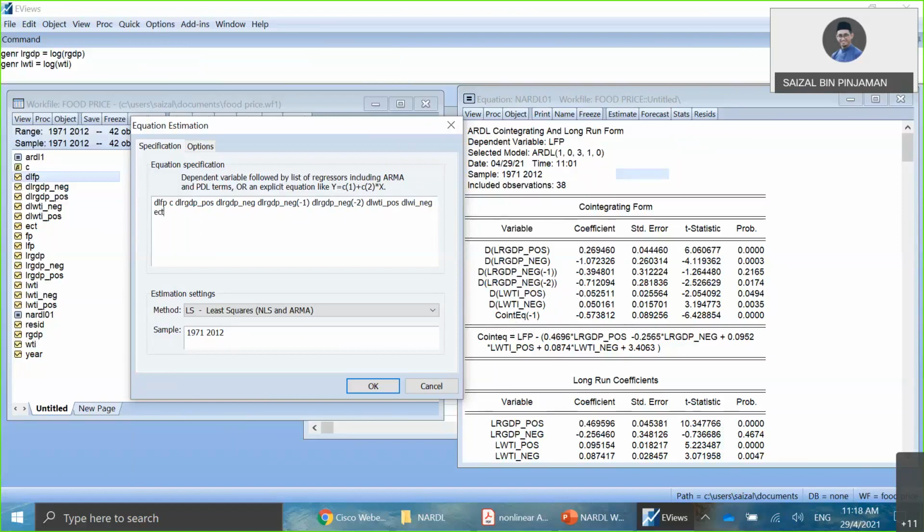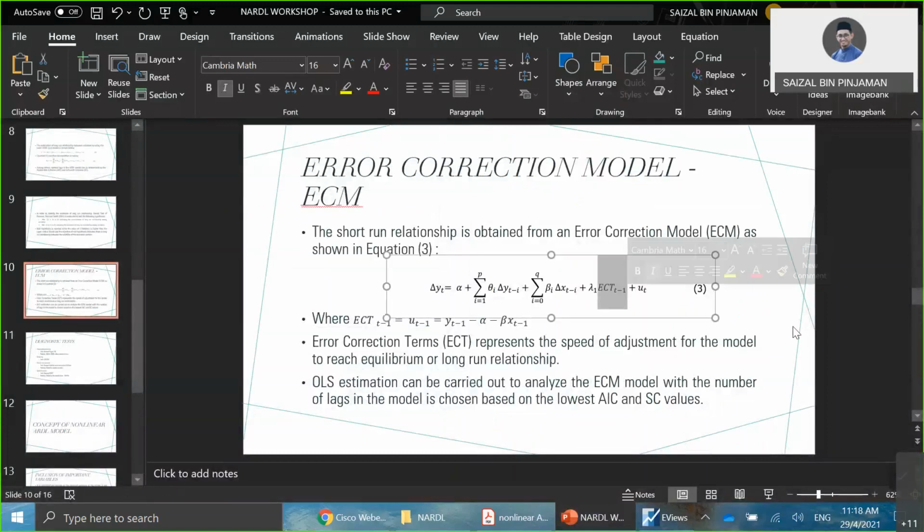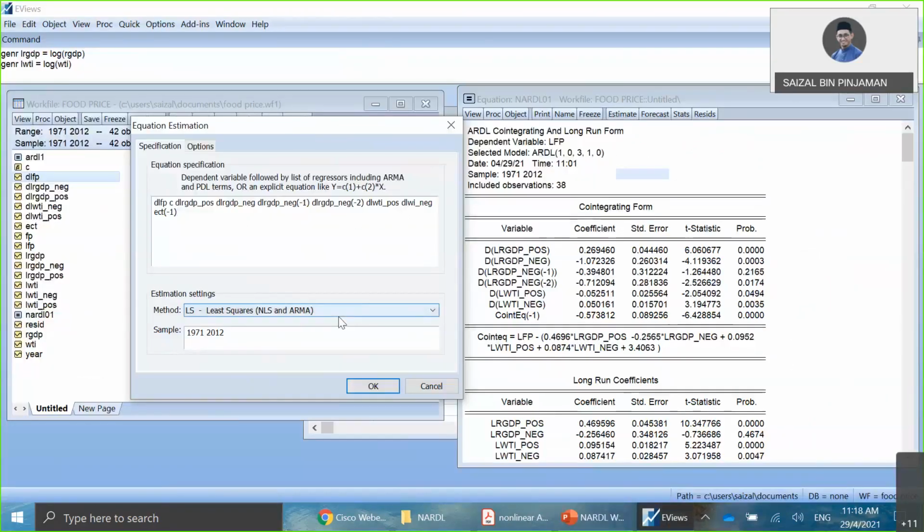So this is the reason why it is important for us to construct the ECT variable as well. ECT, and it is in -1, the previous value of the ECT, just like what we have here. So that's the reason why it is important for you to understand the econometric function, so that you can see what it represents.